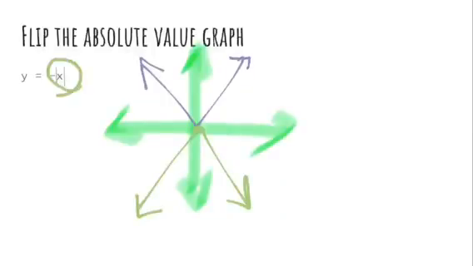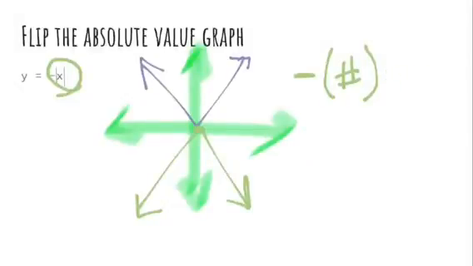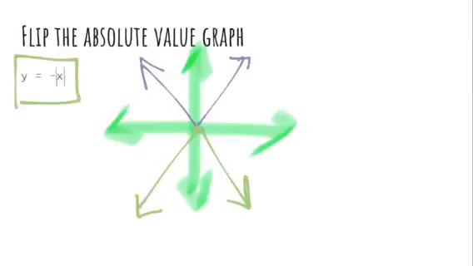Because absolute value is always positive, if you put a negative in front of a positive, that is going to be negative overall. And so all of our y values then would be below the x-axis. Of course, unless we shifted it up somehow. But if it's just your basic absolute value equation that is negative, okay, it will flip.